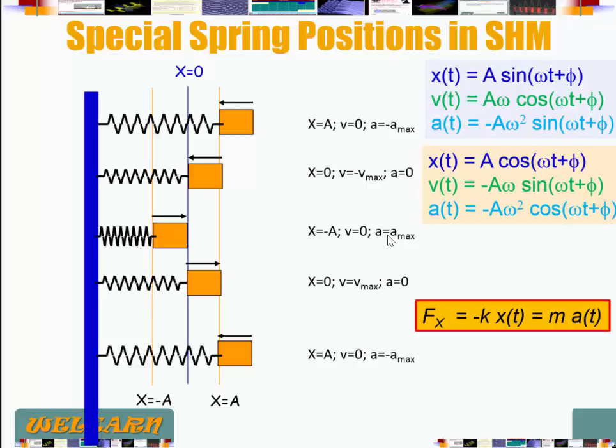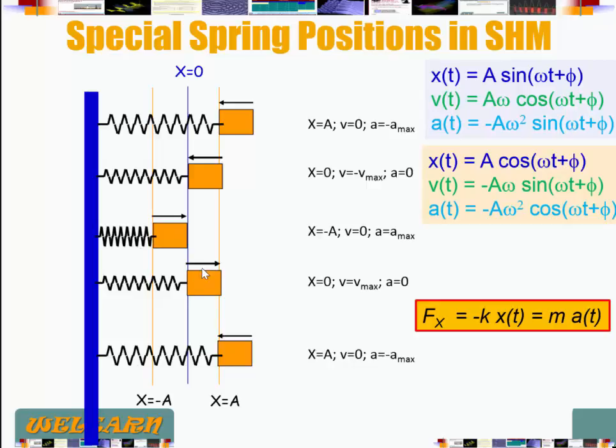And the acceleration, remembering that the acceleration is minus omega squared x, is going to be at the maximum value. But it's going to be a positive value since the force in this case is going to accelerate the mass in the forward direction.